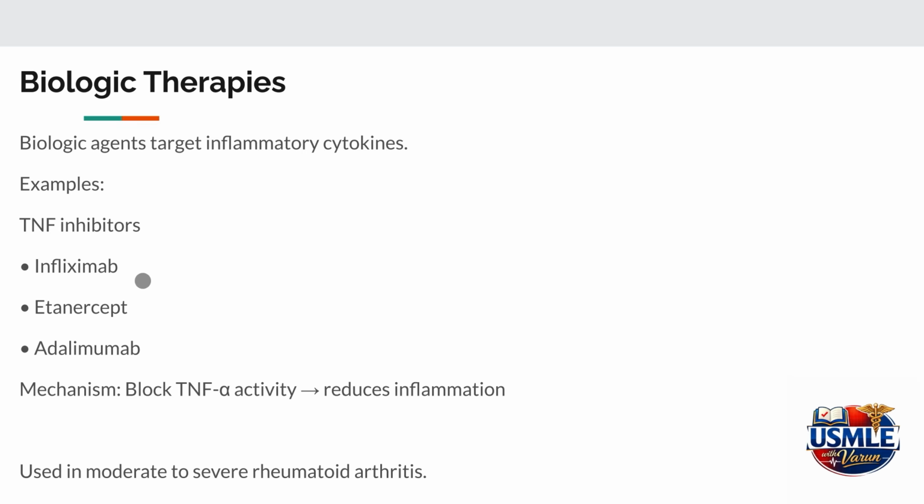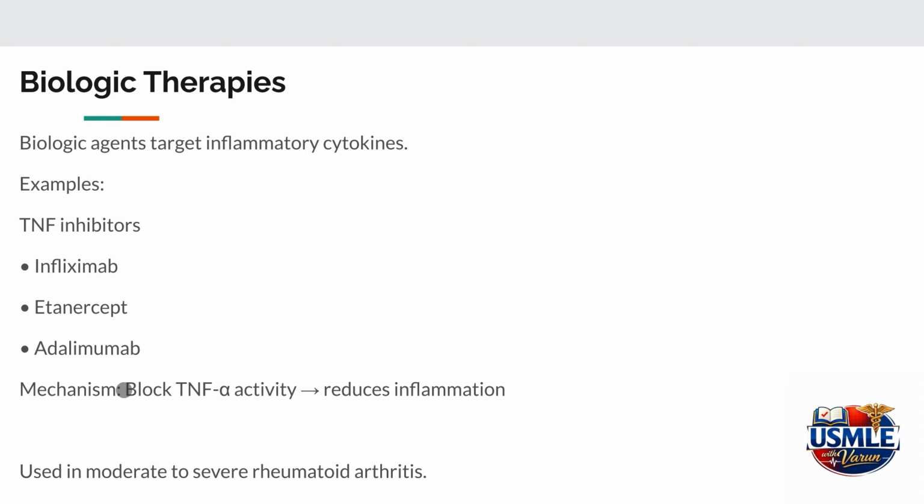Biological therapies are newer medications designed to target specific inflammatory cytokines. One important group of biological agents consists of TNF inhibitors. Examples include infliximab, adalimumab, and etanercept.